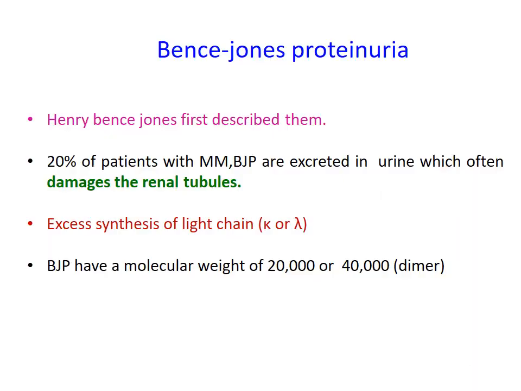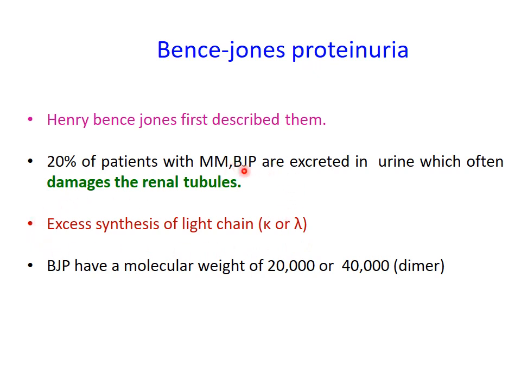Now comes Bence-Jones proteinuria. It is also very interesting. Why is it called Bence-Jones? Because Henry Bence-Jones first described the disease, so according to his name, it is called Bence-Jones proteinuria. In this case, Bence-Jones protein, a particular type of protein, is excreted in the urine, which often damages the renal tubule, and excess synthesis of light chain occurs.